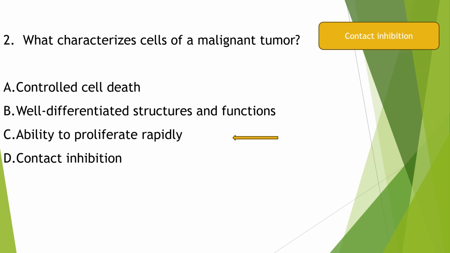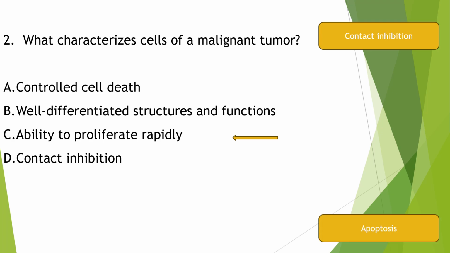Normal cells are regulated by contact inhibition, which means they stop growing and reproducing when they come in contact with other cells. But cancer cells lack contact inhibition. So option D is wrong.